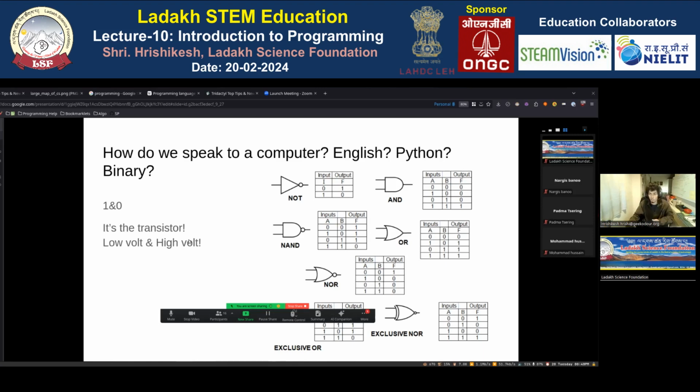So what are logic gates? Before I explain logic gates, I have to explain logic, right? When do you say, okay, this person is becoming illogical, this person is irrational? When you say this kind of thing, that means they are not doing things in a very determined way.